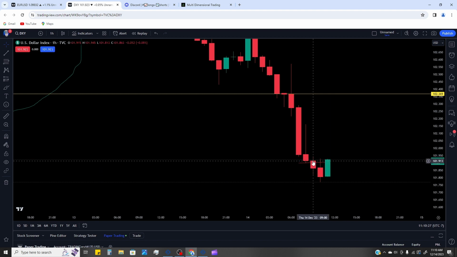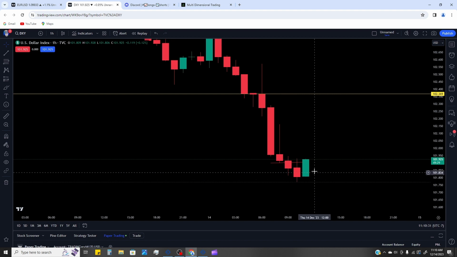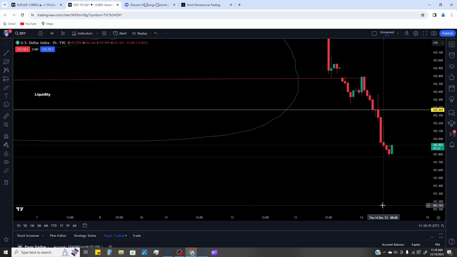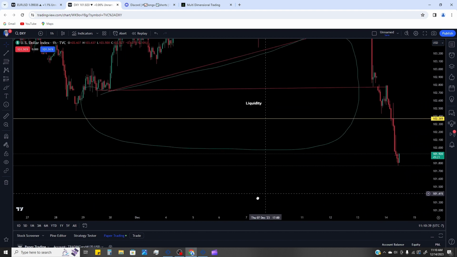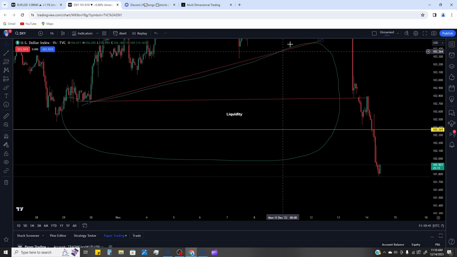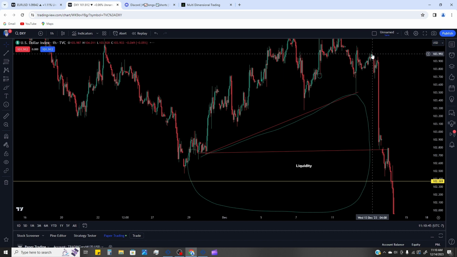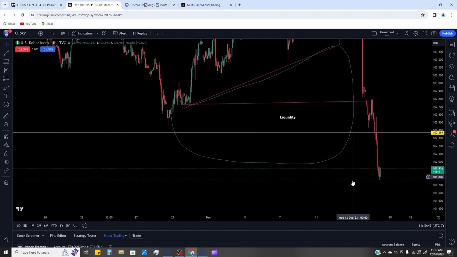Okay. Now you can see you got the DXY, which is the opposite, engulfing on the 1-hour. It's run through liquidity. It's engulfing these candles right now. There's no way I'm going to short the bottom of the dollar, because that's basically what you would be doing if you longed the euro.